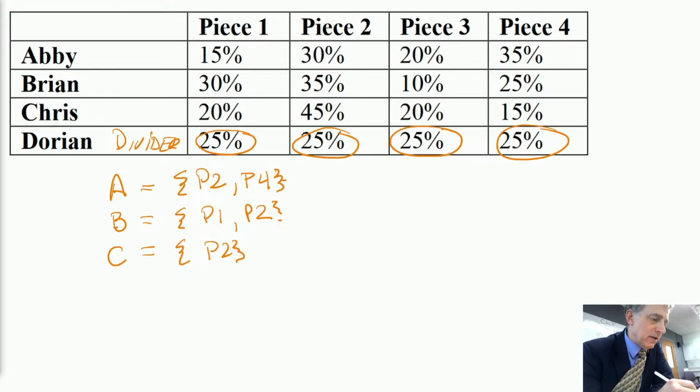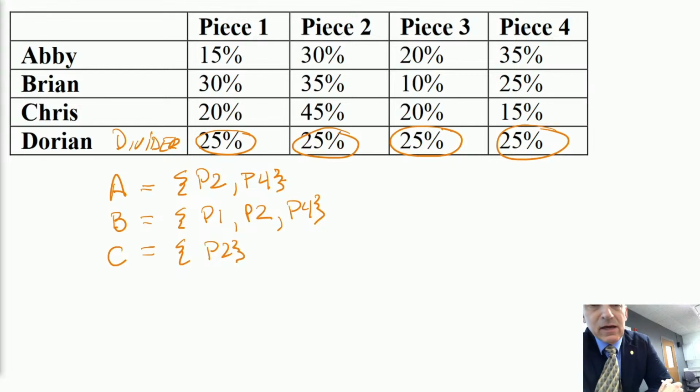Yes, you are right. 25% is acceptable, isn't it? So very nice. Thank you for that. Piece 4. That'll make our lives perhaps a little bit easier. Well, actually, we'll still get the same answer. But nice catch there.